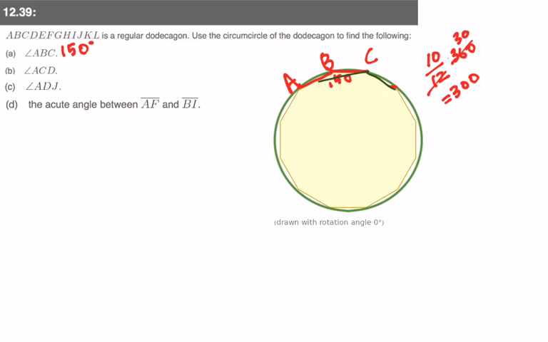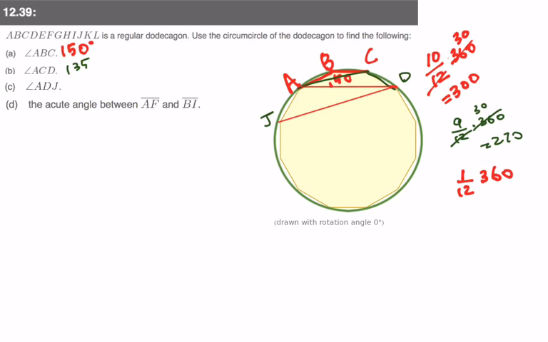How about ACD? In the case of ACD, we are looking at 9 out of 12. That's the intercepted arc opposing angle ACD, which gives us 270. So half of that becomes 135. Now ADJ, it's 1 out of 12, which becomes 30 degrees, so it becomes a 15 degree angle here.